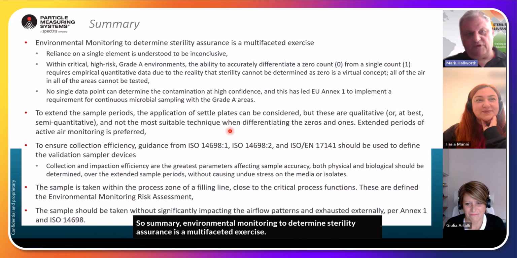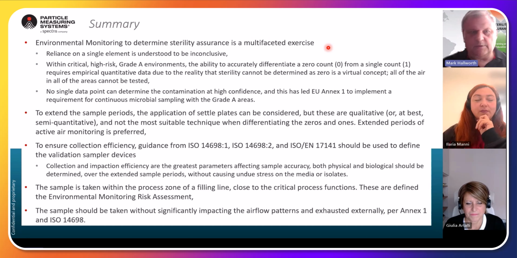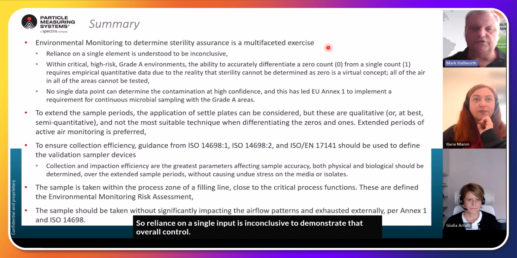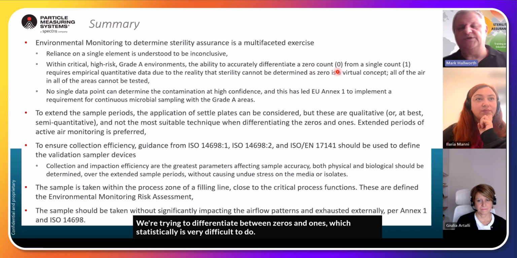So, summary: environmental monitoring to determine sterility assurance is a multifaceted exercise. No single element is understood to be absolute, so reliance on a single input is inconclusive to demonstrate overall control. Within critical high-risk grade A environments, we're trying to differentiate between zeros and ones, which statistically is very difficult to do.